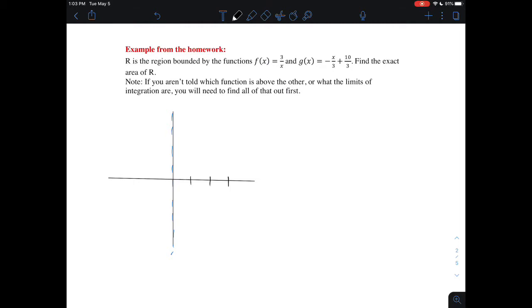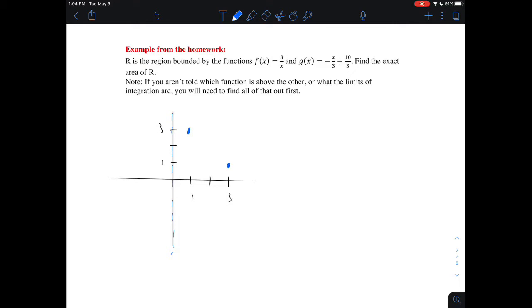When x is equal to 1, f of x is equal to 3 divided by 1, which is 3. So I can draw a little dot at (1, 3) for f of x. Also, when x is equal to 3, f of x is equal to 1.